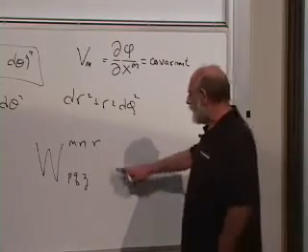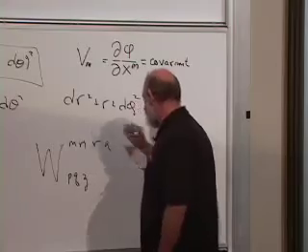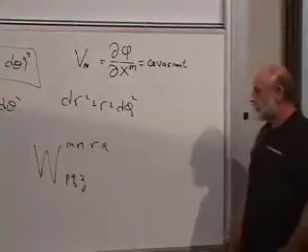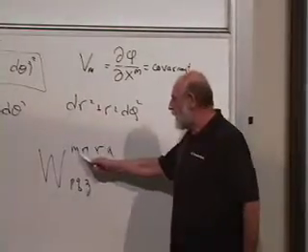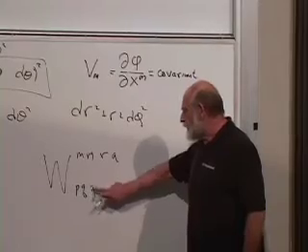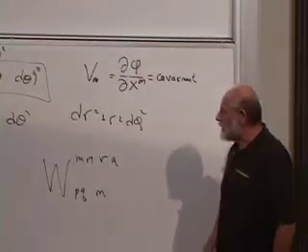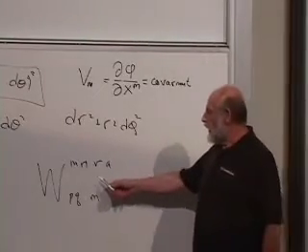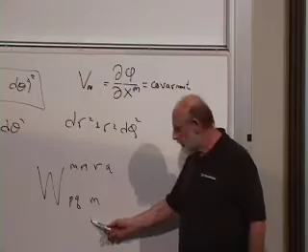Let me make it a little more general. Let's make a different number of upper indices and lower indices. So, 4 upper indices and 3 lower indices. Now, if I identify an upper index with a lower index, for example, replace Z by M and sum, the result is a tensor with 3 upper indices and 2 lower indices.